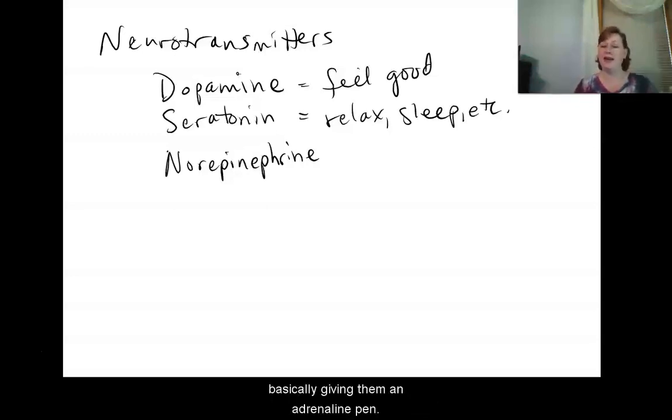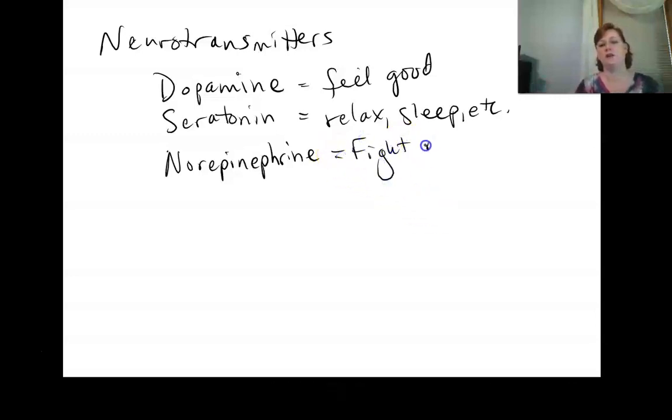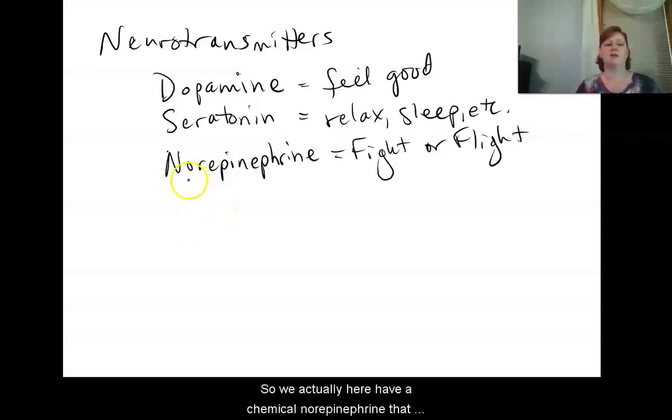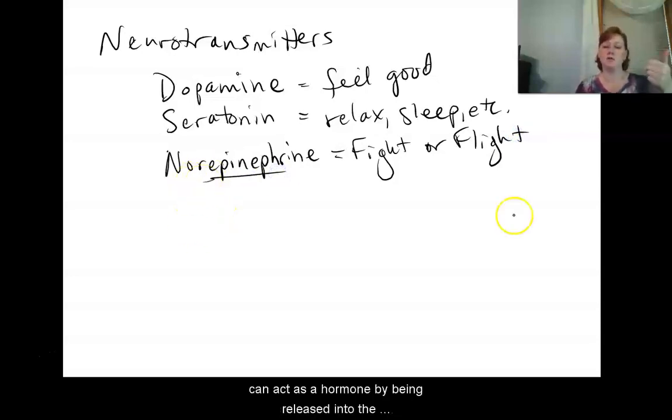So if you think EpiPen, you're basically giving them an adrenaline pen. So this is going to be an important fight or flight neurotransmitter. So we actually here have a chemical, norepinephrine, that can act as a hormone by being released into the bloodstream and circulating to a cell that has a receptor. Or we can have it act as a neurotransmitter if it's being released at a synapse and signaling another cell.